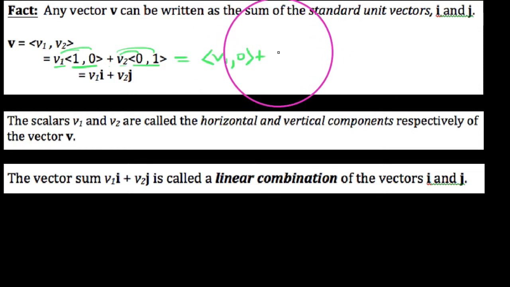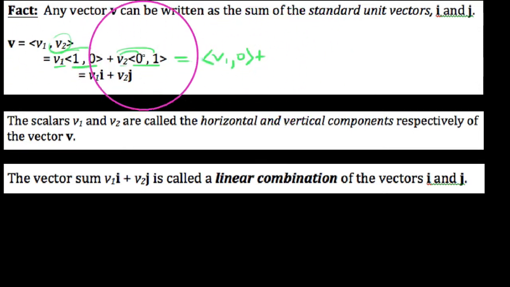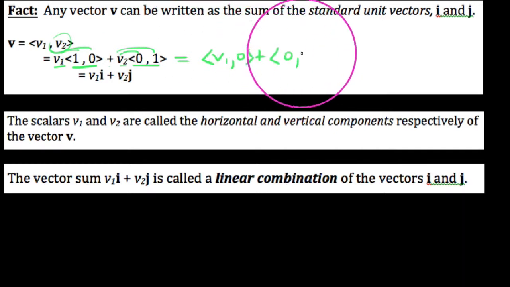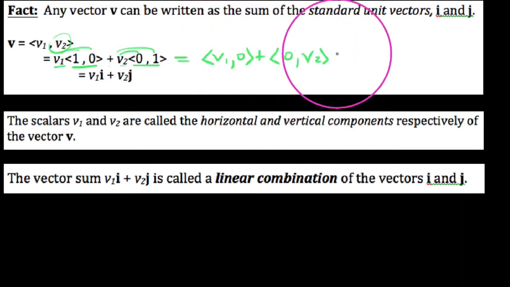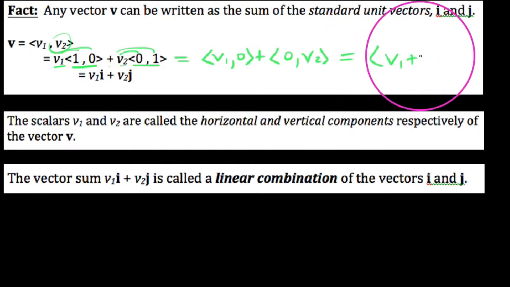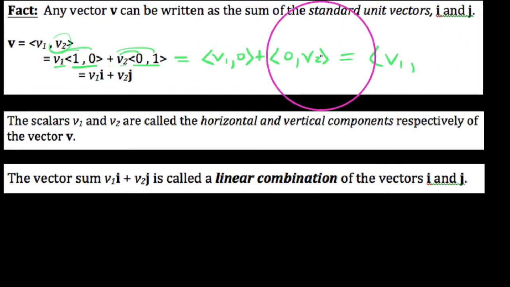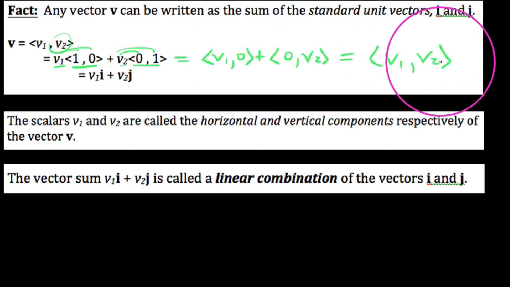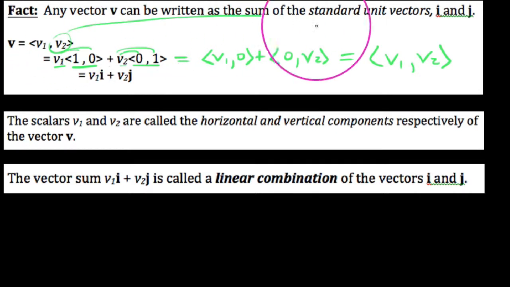Plus now v2, which is the y component of our vector, and v2 times 0, 1 is the same thing as 0, comma v2. And remember, when you add two vectors together, you add their components. So v1 plus 0 is v1, and 0 plus v2 is v2. Essentially, the original vector v1, v2 could be split apart and written like this.